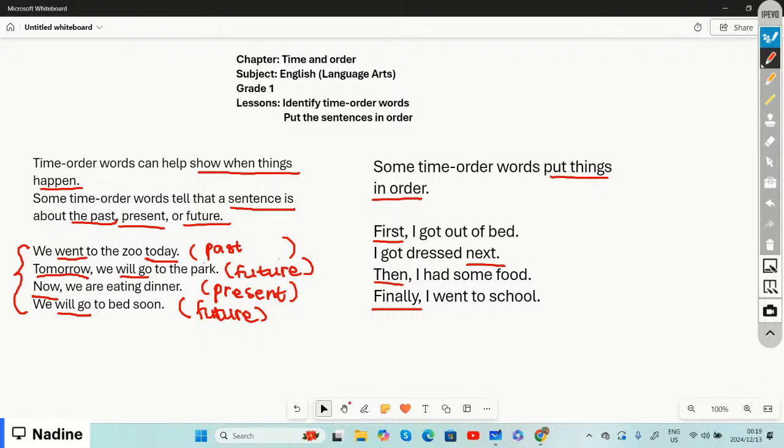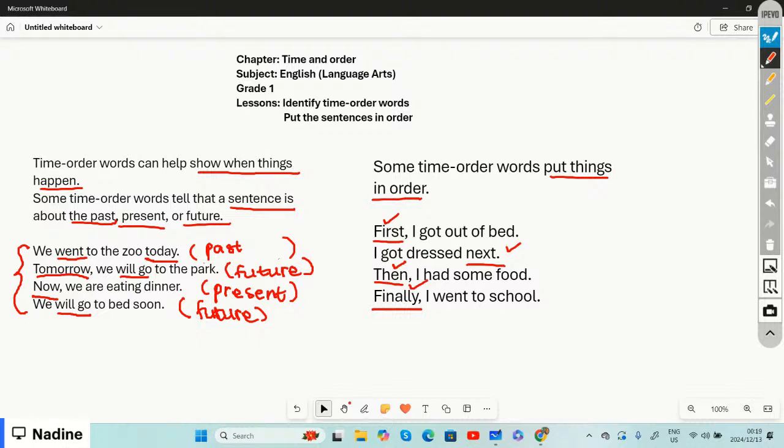So this is basically a list, or it shows us how things are put in order, right? Where we said first, I got out of bed. I got dressed. Next is our next time order word. Then I had some food.